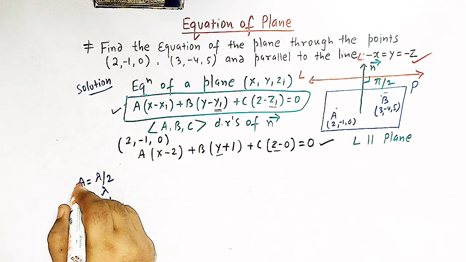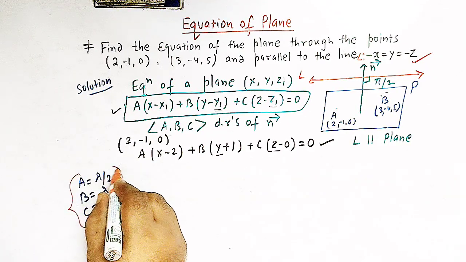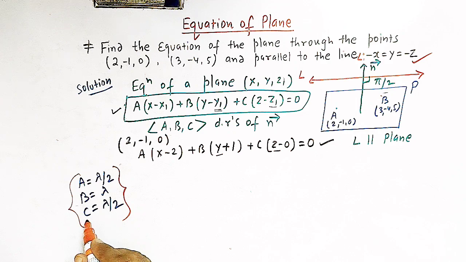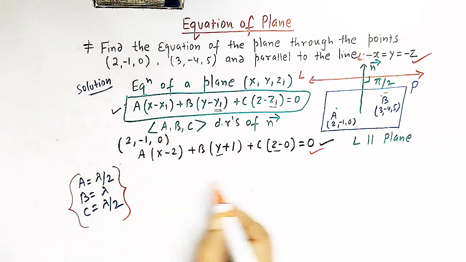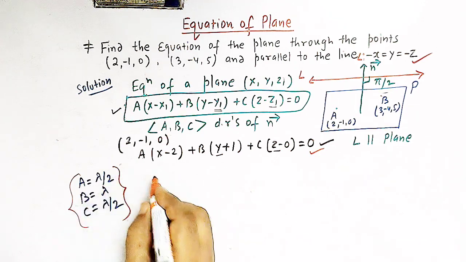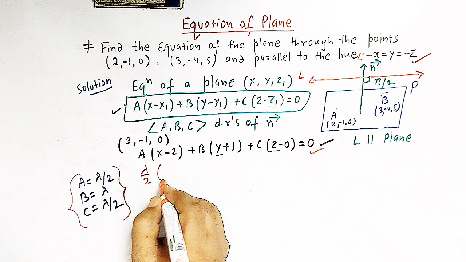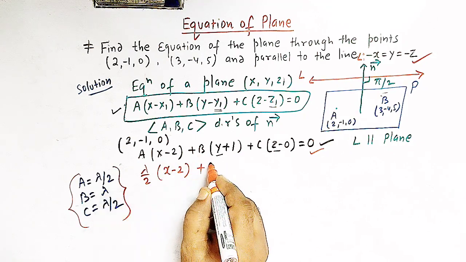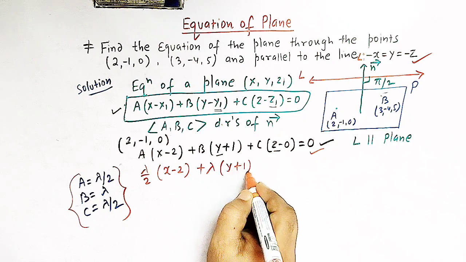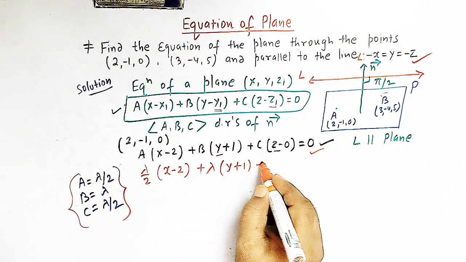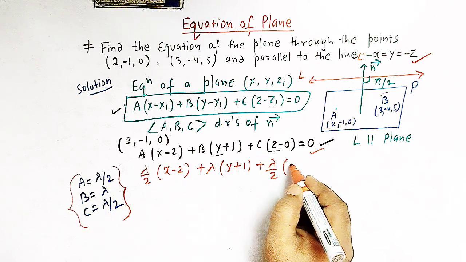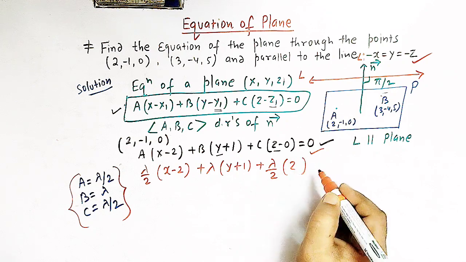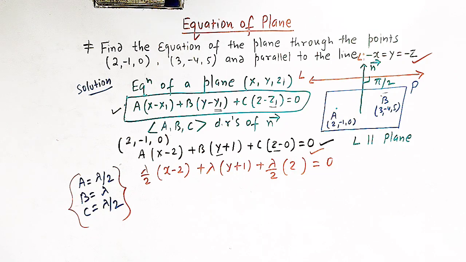So now to get the equation of the plane, we can substitute a, b, c in this equation. So here we'll take lambda over 2 times x minus 2, then lambda times y plus 1, and lambda over 2 times z minus 0, which is simply z, and this is equal to 0.